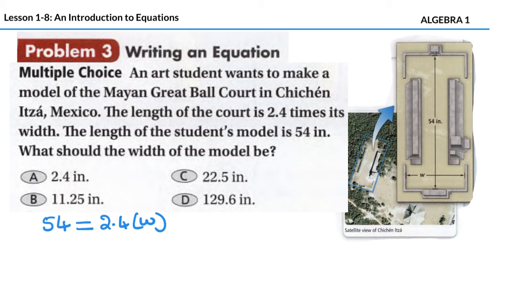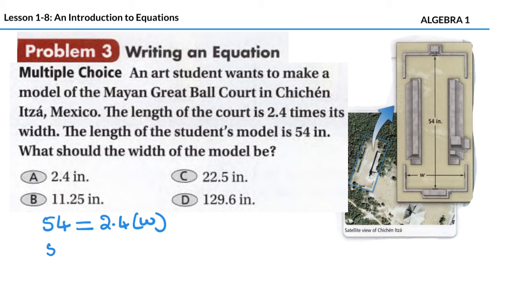So what you can do is plug in each multiple choice into this and check whether it's right or wrong. Or you can also solve the equation. But let's go for this. Plug in 22.5 over here and see what value you get. Let's try that out.